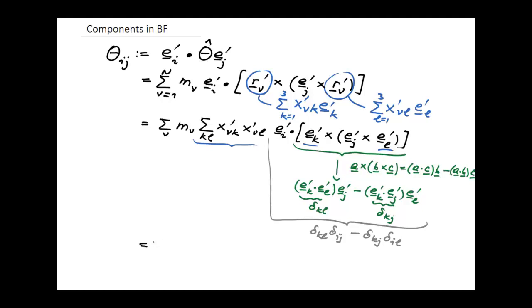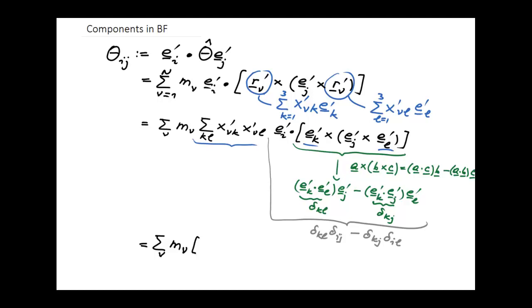What does that do with our expression for the moment of inertia? We still have the sum over all nu, m_nu, that doesn't change. And then we have the sum over k, l, then we have these two components, x prime nu k and x prime nu l, and then we have this combination of Kronecker deltas. What happens in the first case, with the first pair of Kronecker deltas? Well, first of all, the sum over l collapses, and we can drop the first Kronecker delta, the delta kl, and we are left with the sum over k.